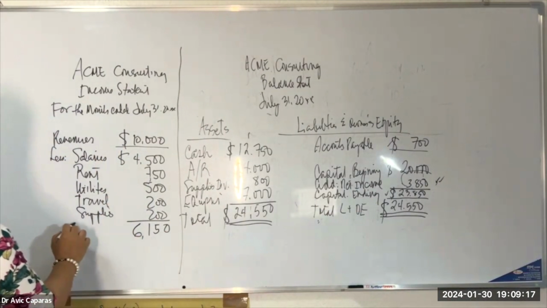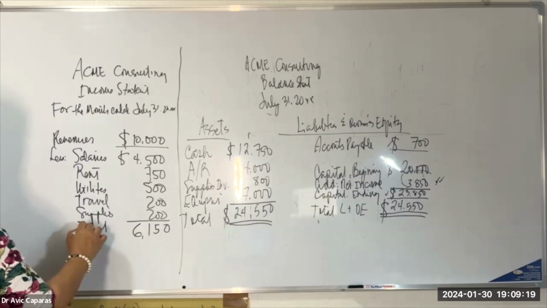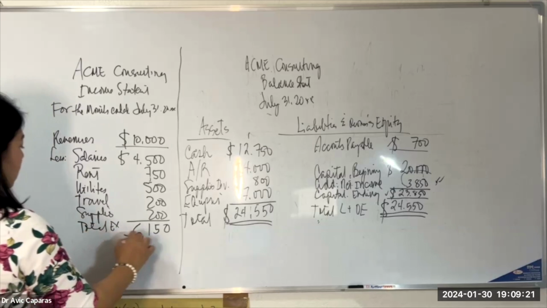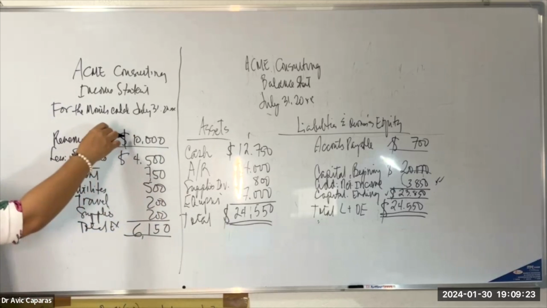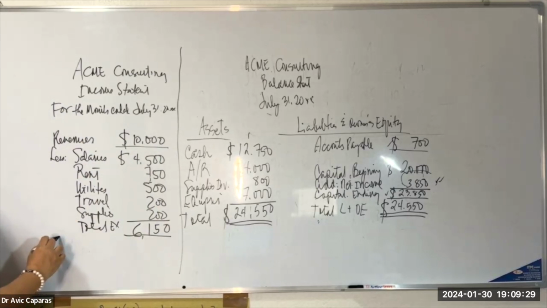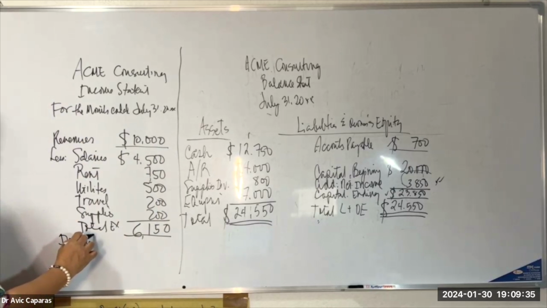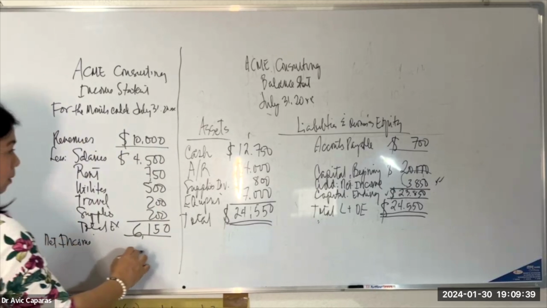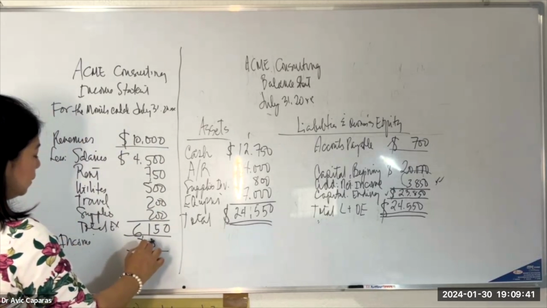That's the total expenses. All these single-rule ones, you have to reduce because I say less. This is income before tax, but we are not going to assume any tax, so we just say net income already: 3,850.